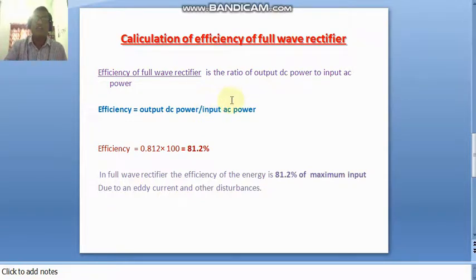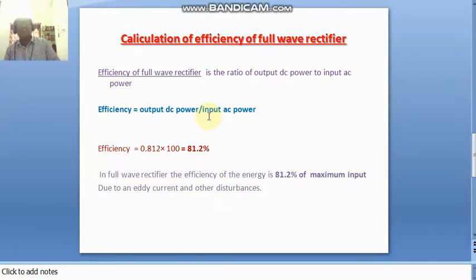Here RF is the forward resistance, represented with RF, when the diodes are in forward bias. In the first case, the first diode is in forward bias for the positive half wave. In that case, we are taking the RF value here. In the case of the second diode, for the negative half peaks, the second diode is in forward bias.